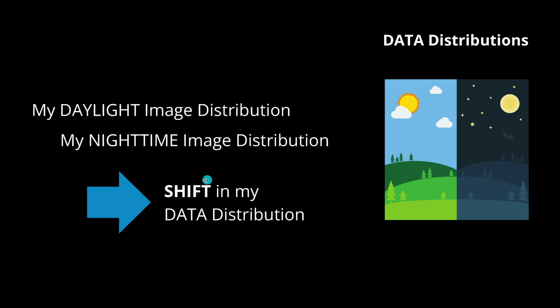I have to be aware that there's a shift in my data distribution. So now you understand that the authors I just showed you say that their test time training is particular to a shift in the data distribution.